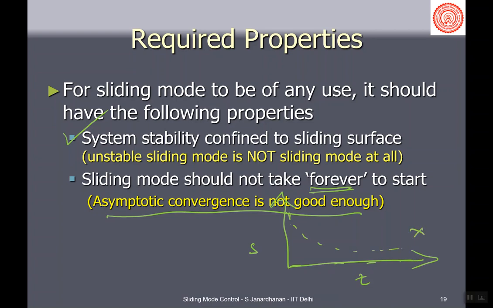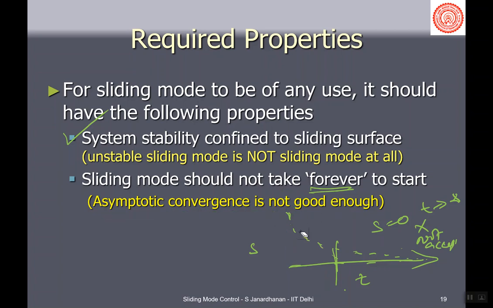This is not acceptable, or it should not even look like this, where s goes to 0 as t tends to infinity. That is not acceptable. So s should become 0 in some finite time.